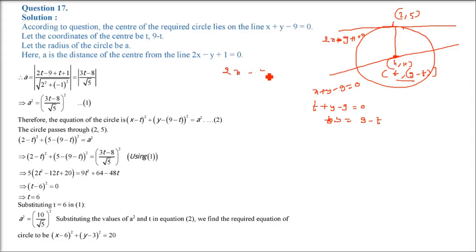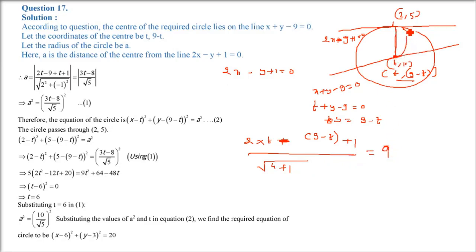So 2 into t minus y, which is 9 minus t, plus 1, divided by under root 2 square plus 1 square, 4 plus 1. And this is the radius.